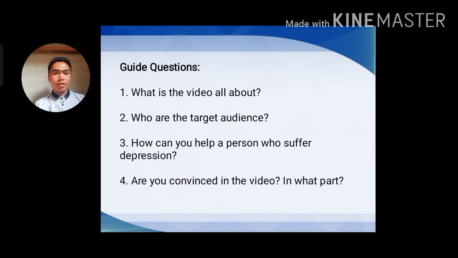And number 3, how can you help a person who suffers from depression? Okay, that's good. So you can help a person who suffers from depression by making conversation with them, and also giving them advice to recover from depression.